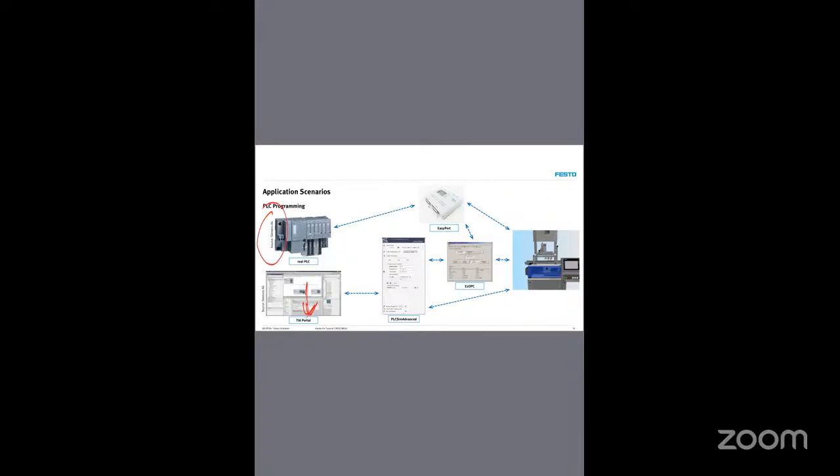So the flow will be TIA Portal, PLC program, Ciros, and simulation, right? Or using the real PLC, Ciros, and virtual factory. This is what is called virtual commissioning.